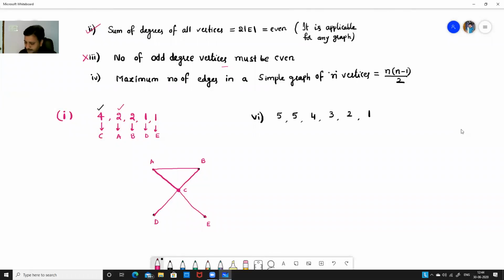Suppose we take the vertices V1, V2, V3, V4, V5, V6. There are 6 vertices, and the first one is the degree of V1. Degree of V1 is equal to 5.